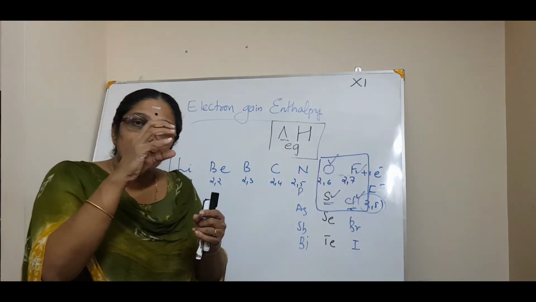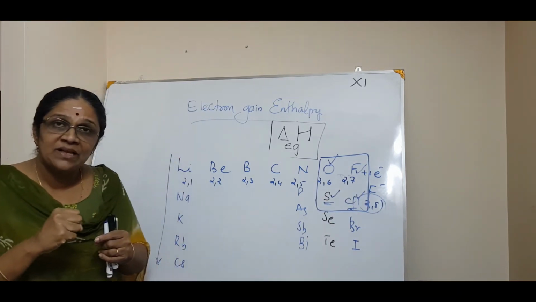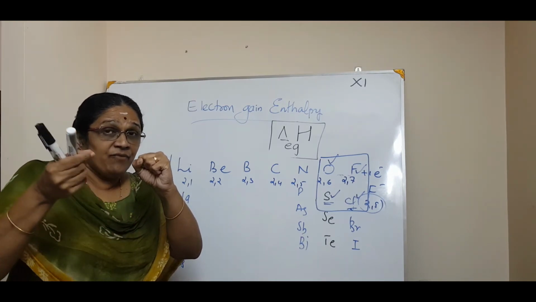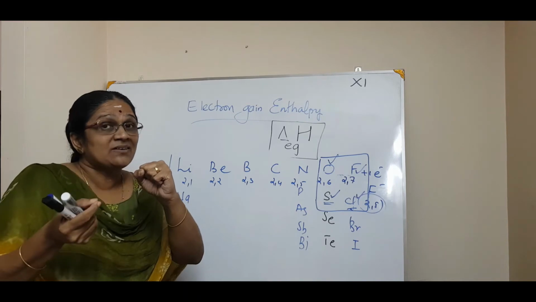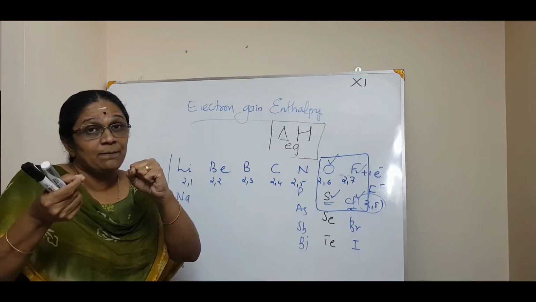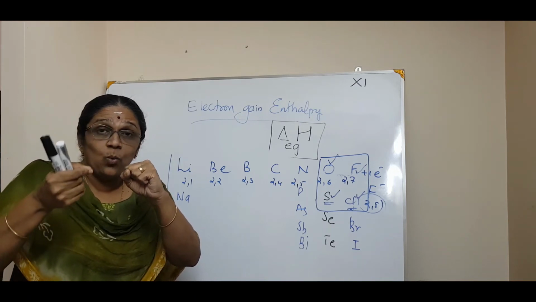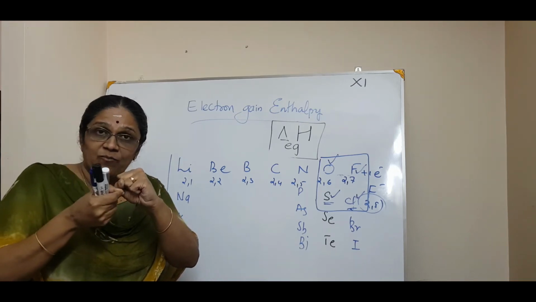Now what happens when the size is very small? Listen, what is electron gain enthalpy? Electron gain enthalpy means an electron is added to an atom, isn't it? So when an electron is added to an atom, what happens?